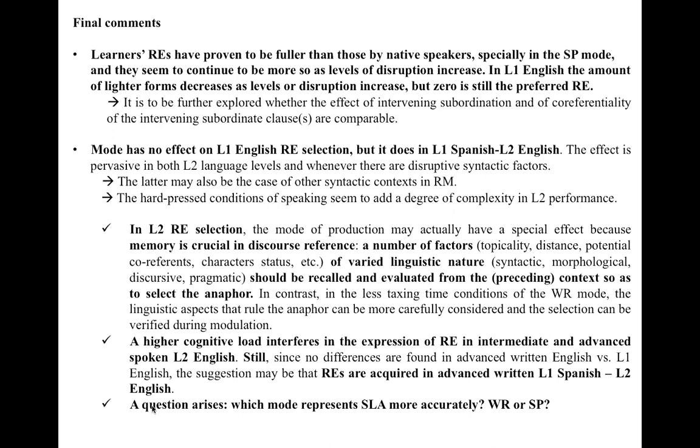But still, since there are no differences in advanced written English, the suggestion is that referring expression selection is acquired by this level, by advanced learners of English. It's just that there is interference in the cognitive load, in the cognitive processing, and it's just that this is preventing the appropriate performance of the learners in the spoken mode.